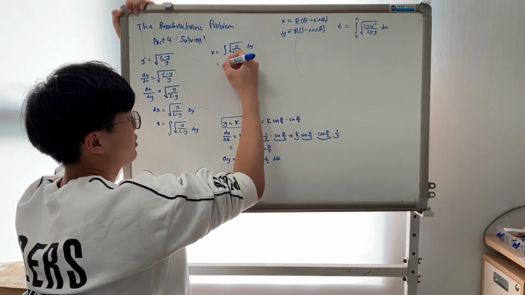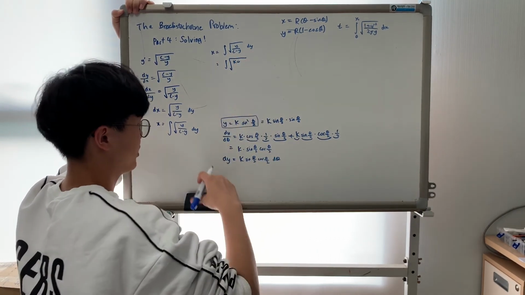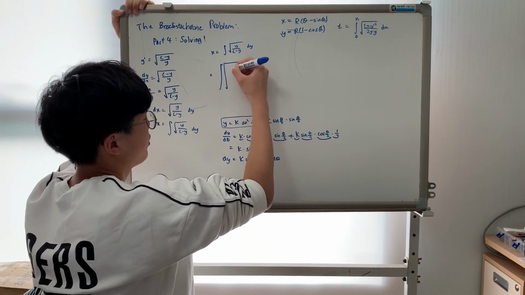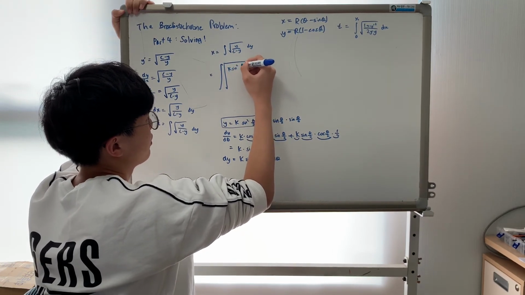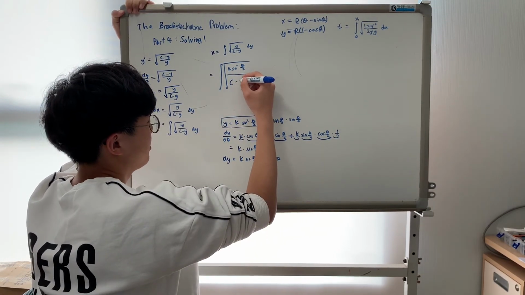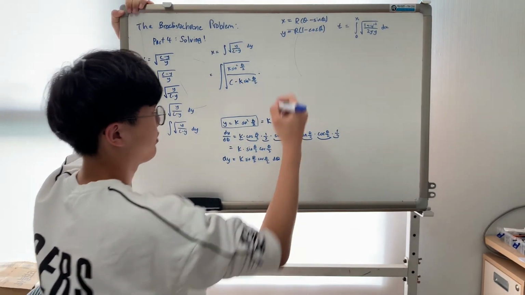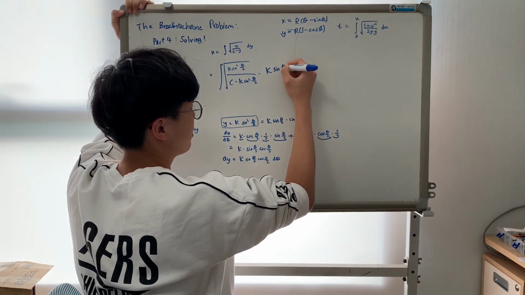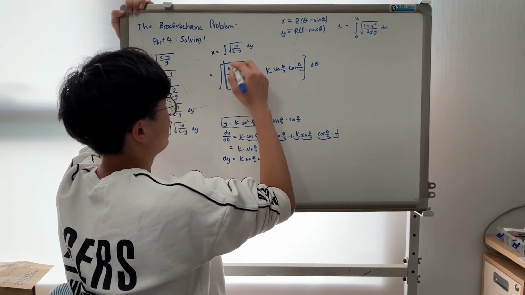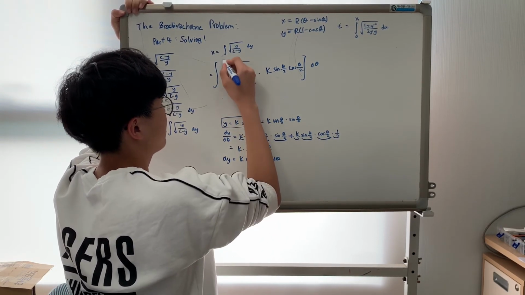And this would give us the integral of the square root of, I'm going to have to write this larger, y, which is k sine squared of theta over 2, over c minus k sine squared theta over 2, times dy, which is given by k sine theta over 2 cosine theta over 2 d theta. We're going to have something that looks like that.